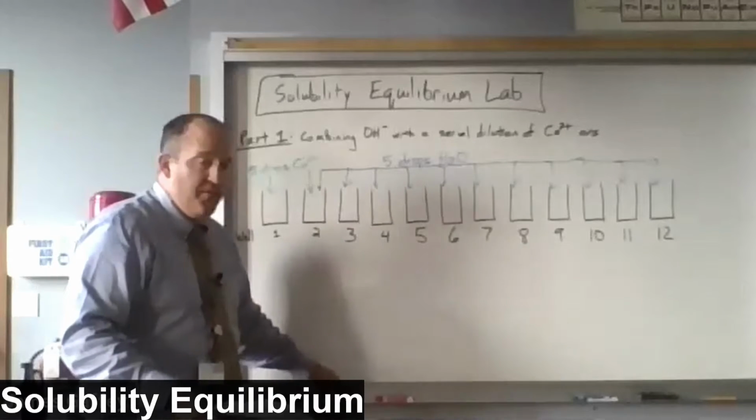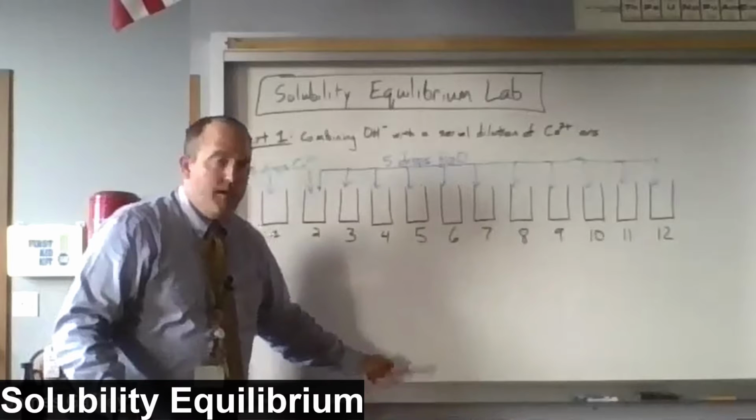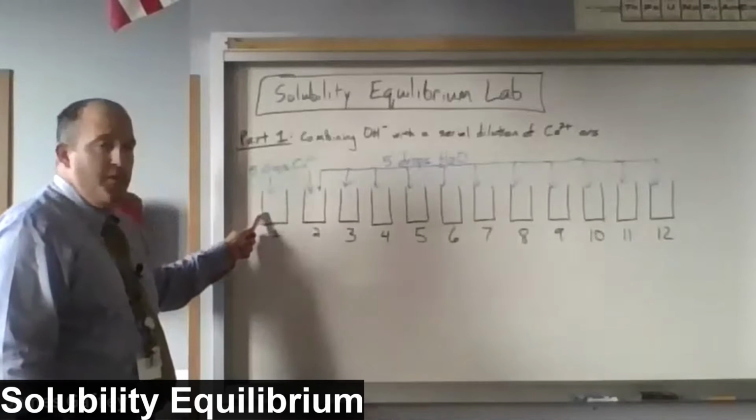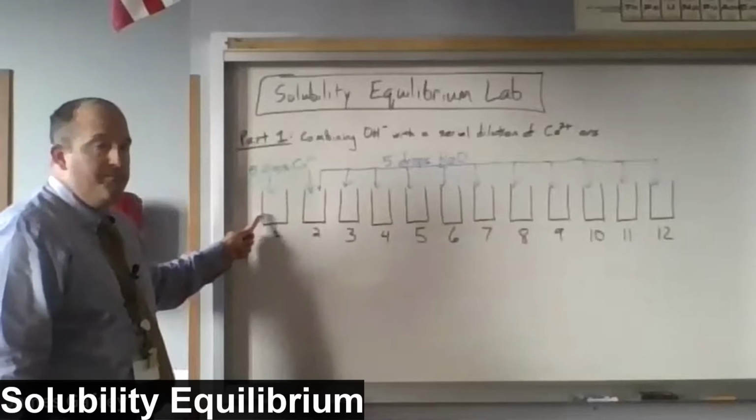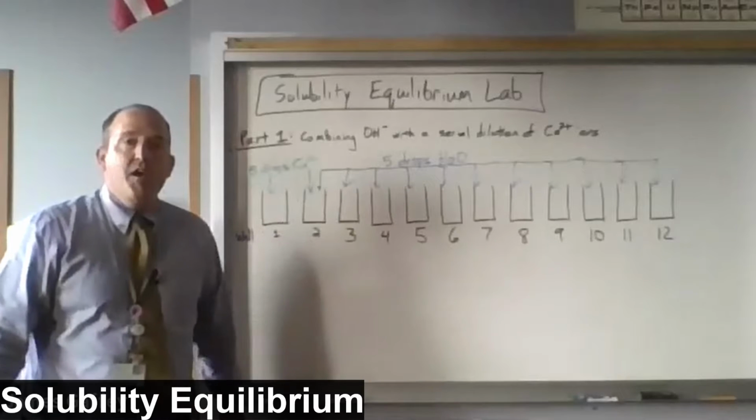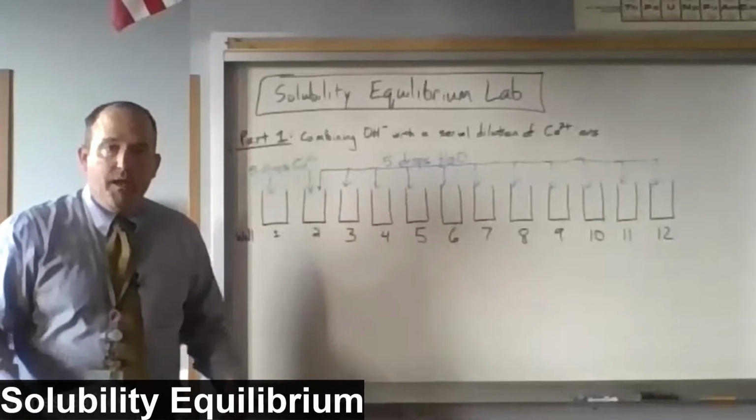So now here's where the serial dilution part comes. You've got some calcium ion in well 1 that's not diluted. You've got some calcium ion in well 2 that is diluted.